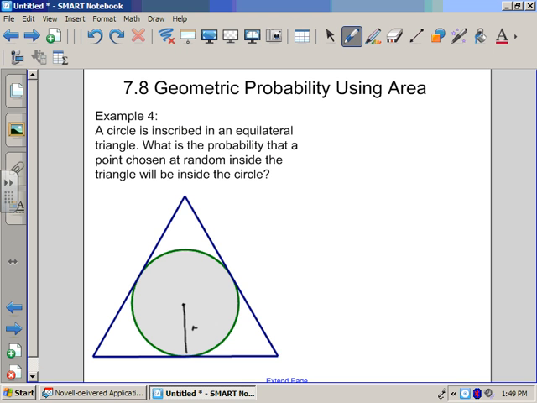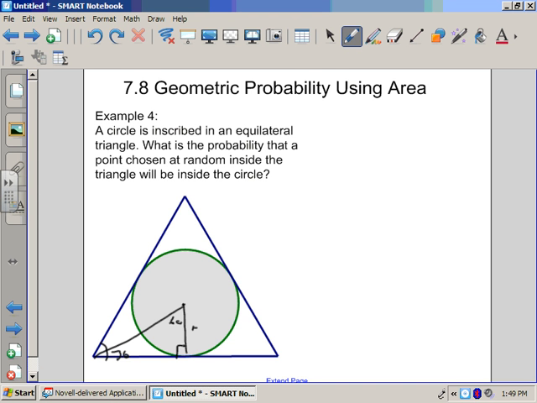When I start off with a radius, I'm also going to draw the radius of the equilateral triangle. I've got a radius of a circle. I've got a radius of an equilateral triangle. This radius of the equilateral triangle took this 60-degree angle and cut this piece into 30. And now I have a 30, 60, 90 triangle.